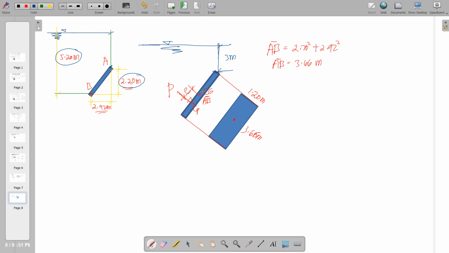From that, we can determine the value of h bar if we could determine this dimension. Say this is z. So therefore, this composes our h bar.